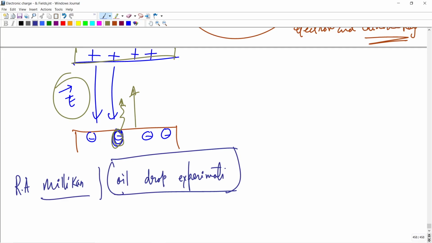So Millikan, with the help of this experiment, defined the charge of an electron or free charge.